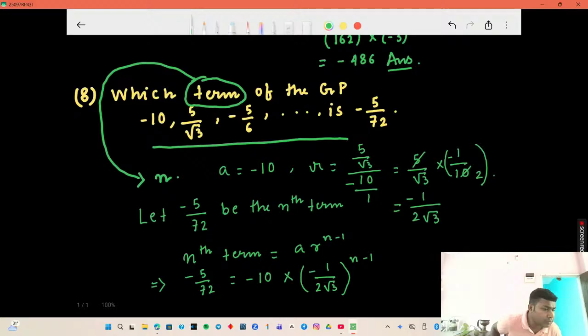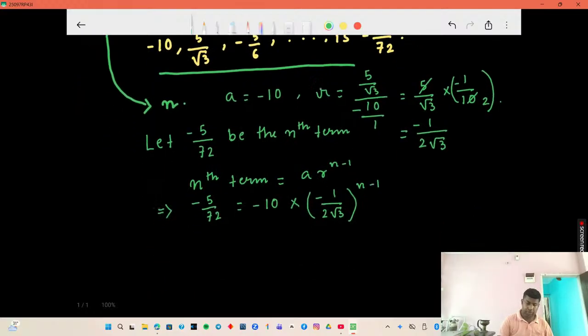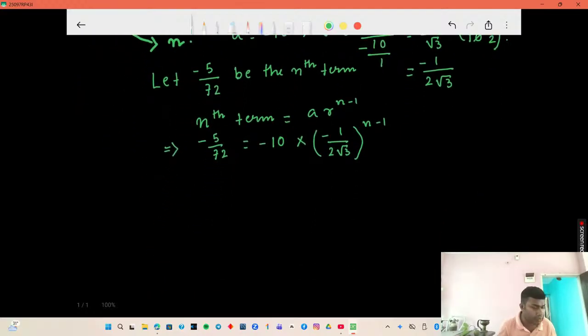Now is it clear to you? I have just put the values. Now I will be calculating this to find the value of n. So now I will start to calculate the value of n.